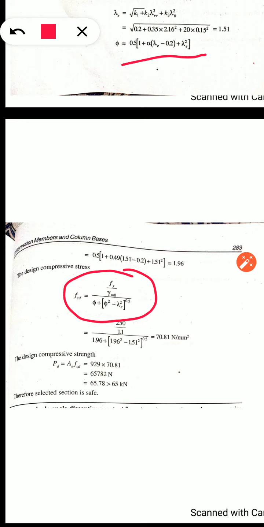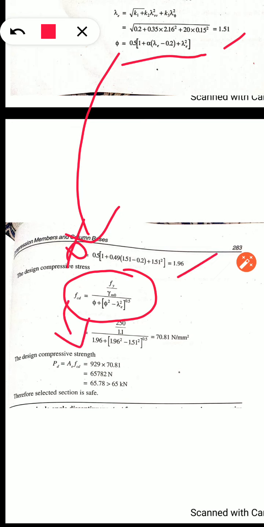So substitute: 0.5 into 1 plus alpha, which is 0.49, into lambda E minus 0.2, where lambda E is 1.51 already calculated, plus 1.51 square. So the phi value we got is 1.96. Substitute here: 250 by 1.1 divided by 1.96 plus the whole power 0.5 of 1.96 square minus 1.51 square. So we got the design compressive stress as 70.81.